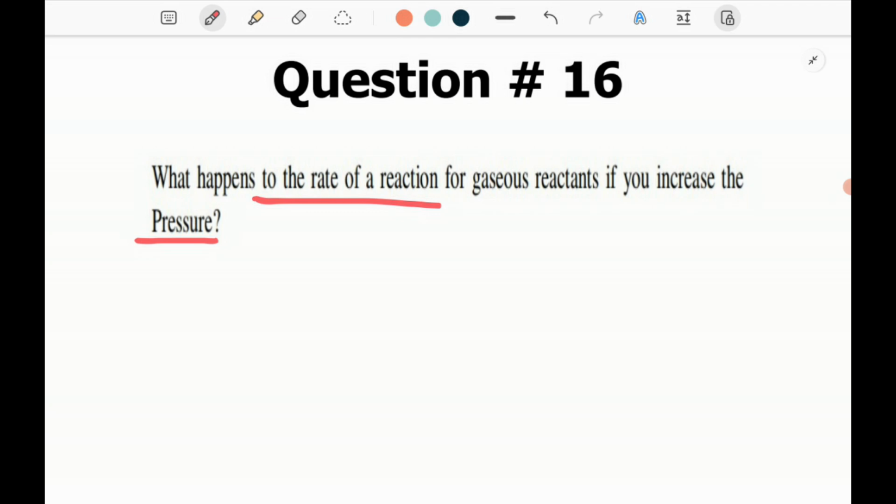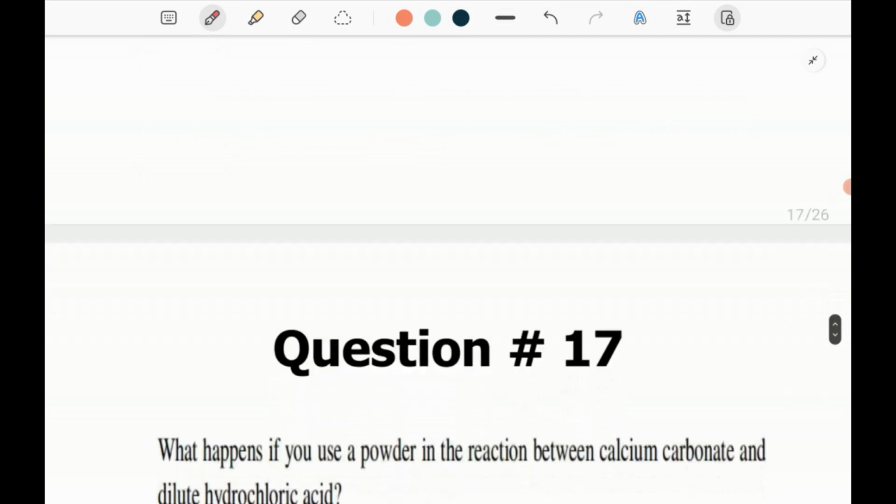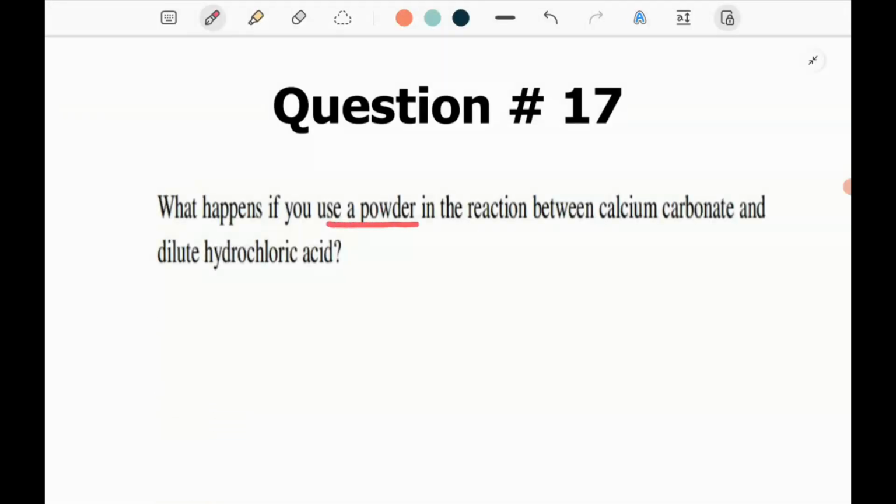If you increase the pressure of gaseous reactants, what do you think happens to the rate of reaction? What happens if you use a powder in the reaction between calcium carbonate and dilute hydrochloric acid?